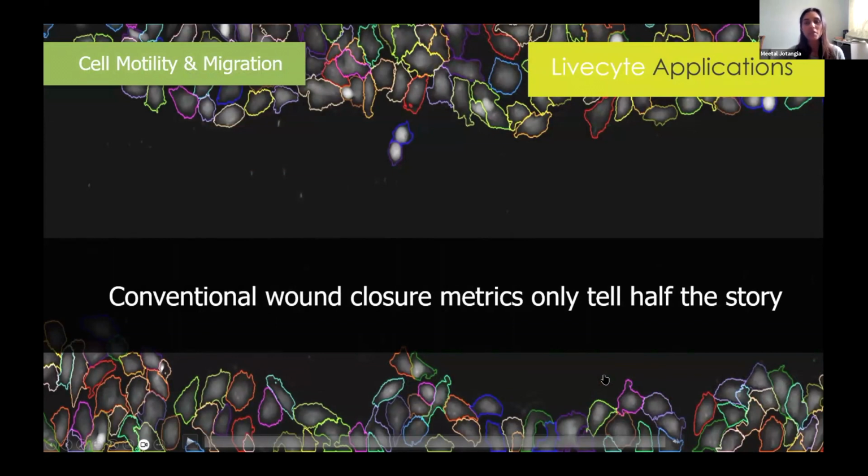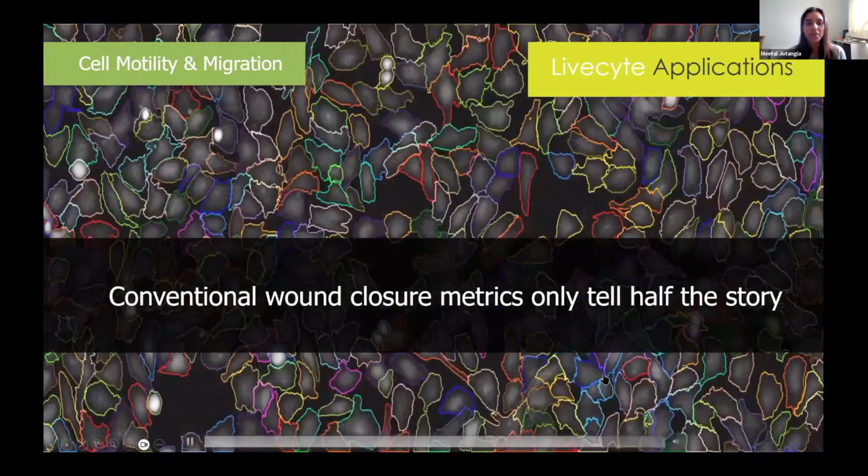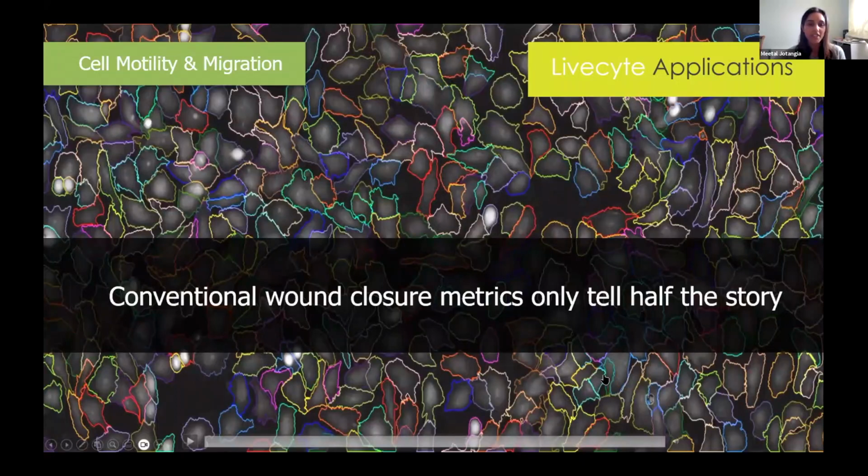So typically you might do a scratch assay if you're looking at an in vitro model of wound healing or tissue repair, and you scratch a well and look at how the cells move into the wound. And essentially you're looking at something like the area of that wound over time as the cells close in.